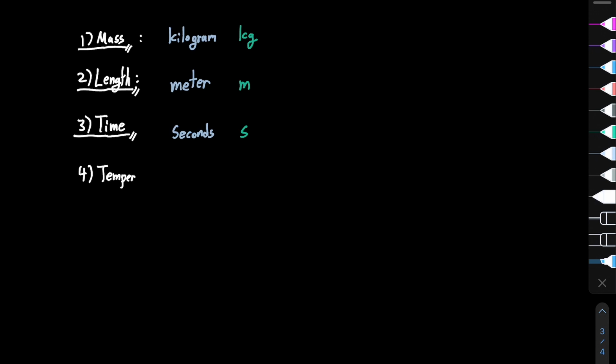And to measure temperature in chemistry, we most often use, or almost always use, Kelvin. Not Celsius, but Kelvin. And Kelvin is slightly special because Kelvin is also commonly known as the absolute temperature.